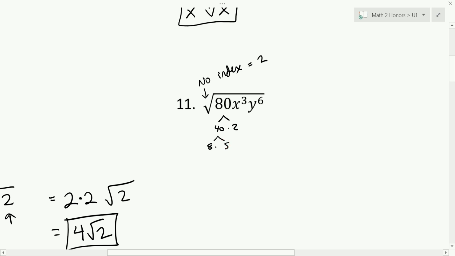And you can separate it into 2 and 4 sections. And we can find 2 pair of 2. Only 5.